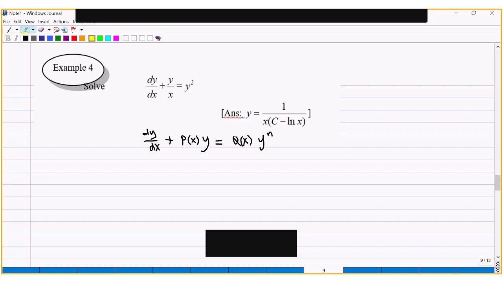The px is actually 1 over x here. Where is the qx here? Qx is 1. And n is equal to 2 now.